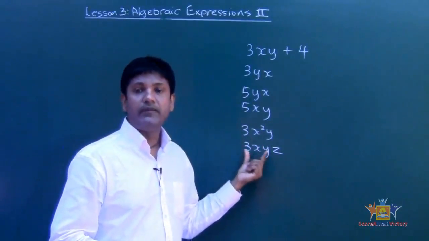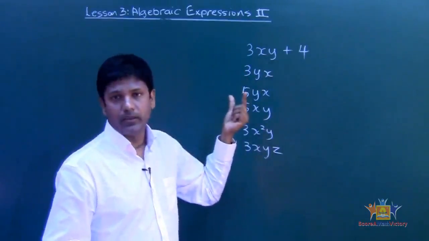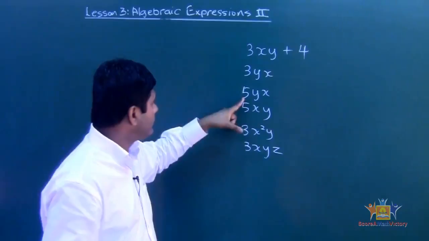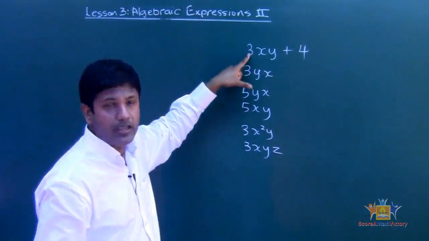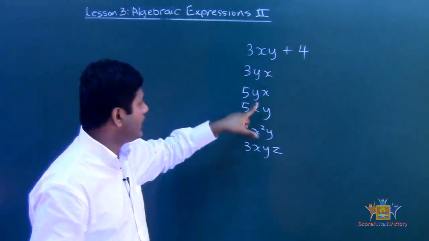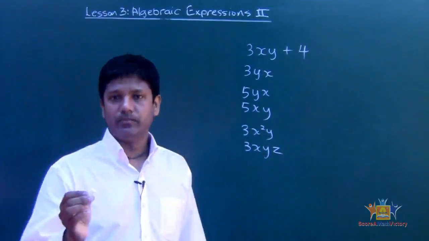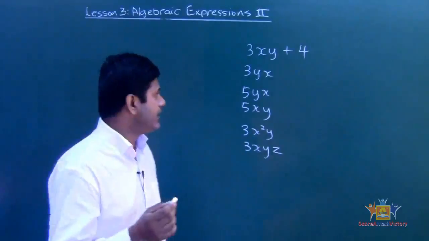That makes this one a different term than that one. But it doesn't matter about the number. Even if it's a 5 and this one's 3, as long as they have x and y, they are still the same term. Okay, good. So I want you to understand that.